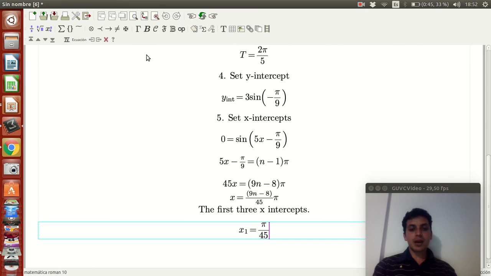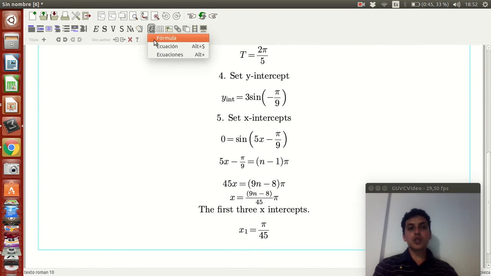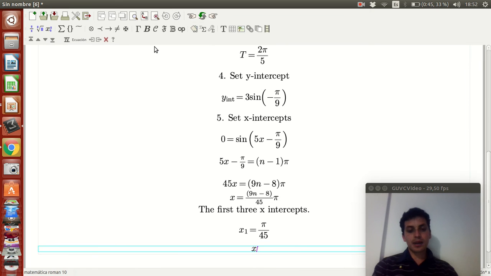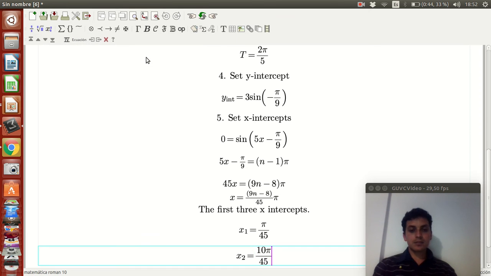So let's determine now x sub 2. X sub 2 equals 9 times 2, 18. 18 minus 8 is 10. 10 divided by 45, pi. So 10 pi 45ths.